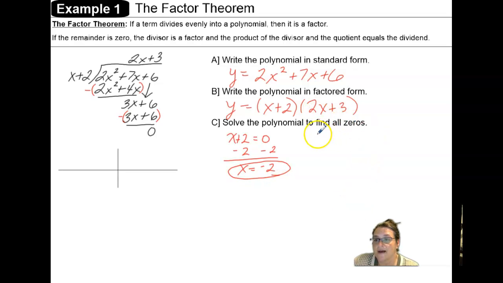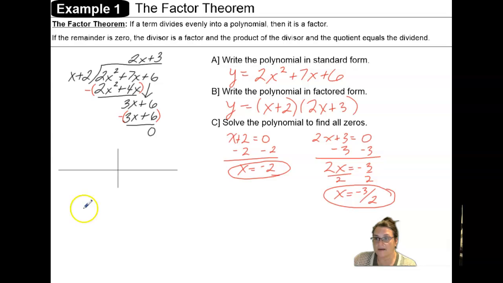Then my second factor, 2x plus 3, I set that equal to 0. I would subtract 3 from both sides, and 2x is equal to -3. Divide both sides by 2, and x is equal to -3 over 2. That would be my second.